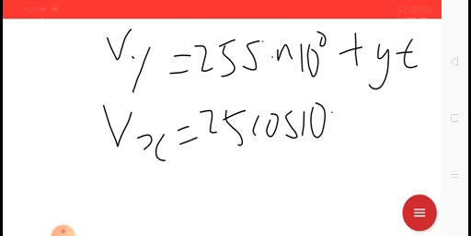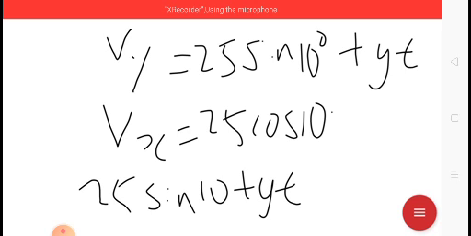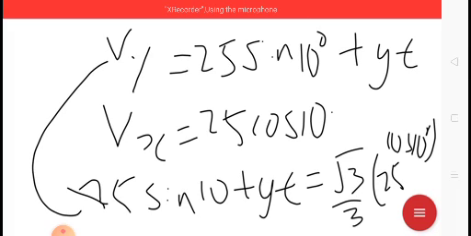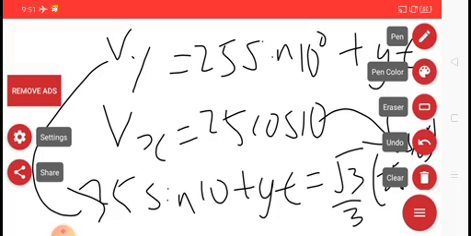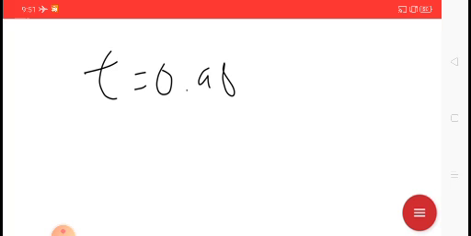So use the relationship just now: 25 sine 10 plus gt is equal to square root 3 over 3 times 25 cos 10. Here the formula comes from here and the values come from here. From here you are able to find t directly. So t will be equal to 0.9873 seconds.